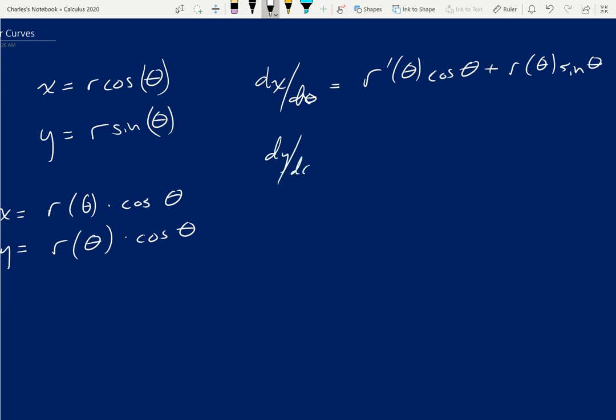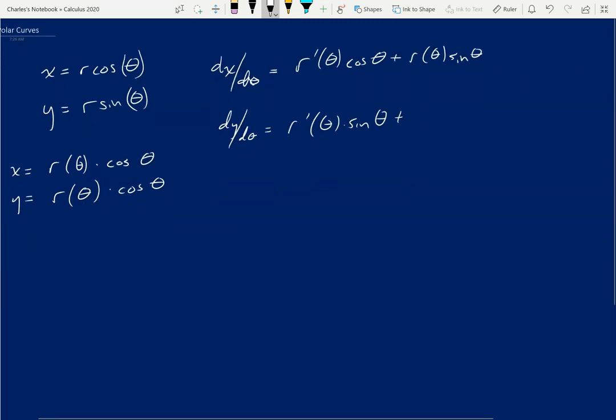Dy d theta is going to be r prime theta times sine of theta plus r of theta times cosine of theta. And I made a mistake in the last one. The derivative of cosine is negative sine, so this plus should be a minus.